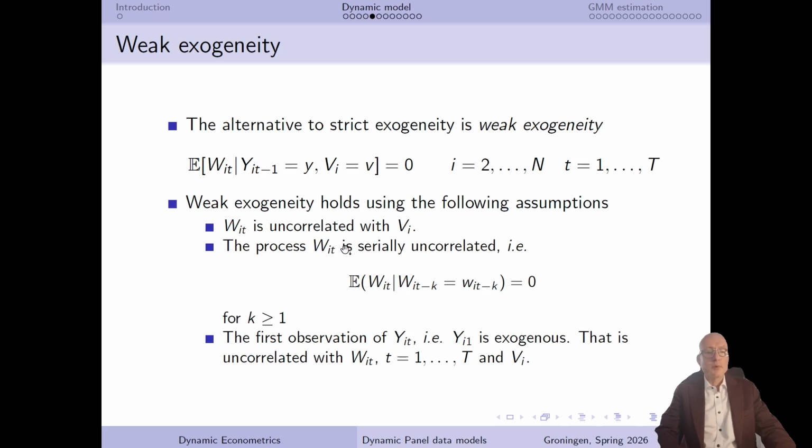That's essentially what we're going to assume over here. And then finally, the first observation, y_i1, must be exogenous. That implies that it's going to be uncorrelated to w_it for t running from 1 to capital T and with respect to v_i.